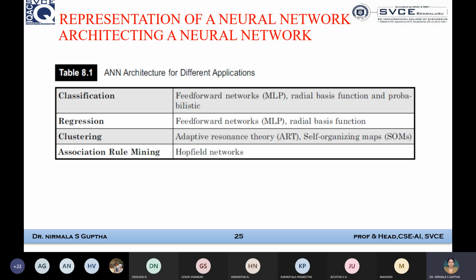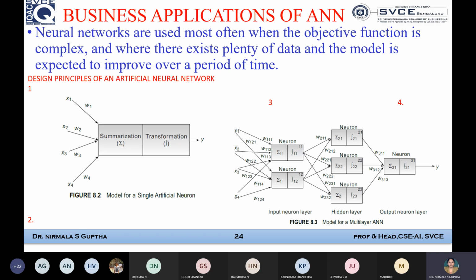When we have multiple layers of processing elements in a system, the output of the neurons is fed forward to the processing elements in the next layers. So input layer to hidden layer to output layer. This also we have seen here in the design principle and the kind of structure which is being defined.